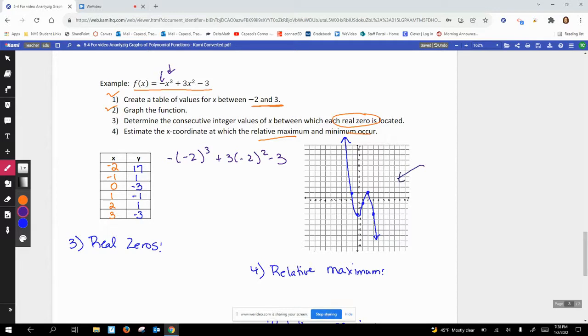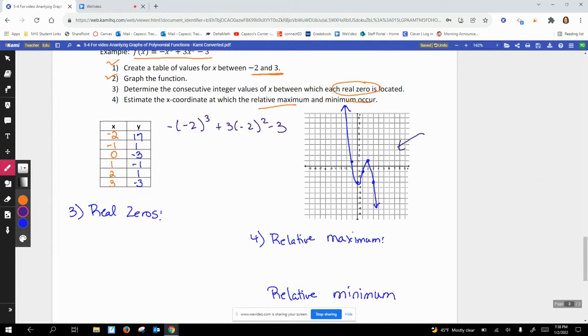Then I graphed. Okay, so now we're going to look at the real zeros. From here, I notice right here, I go from a positive to a negative. So one of my real zeros is between -1 and 0, when x is between -1 and 0. I also noticed there's another change there from negative to positive.